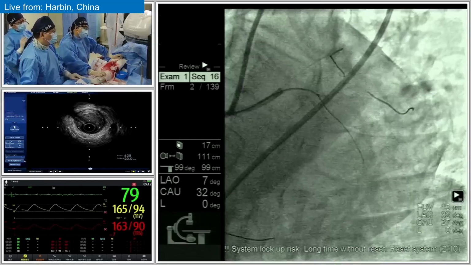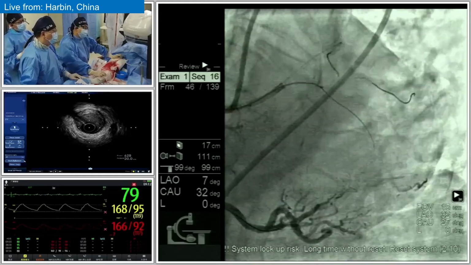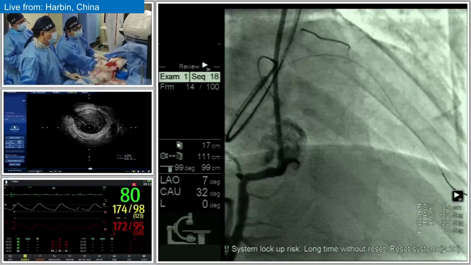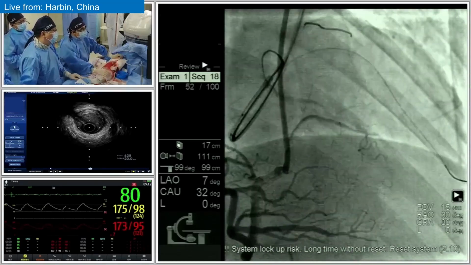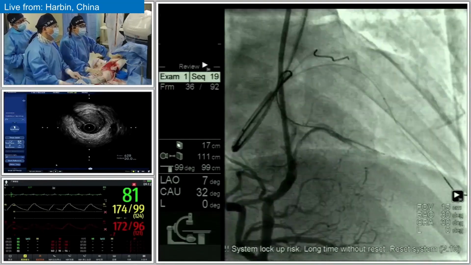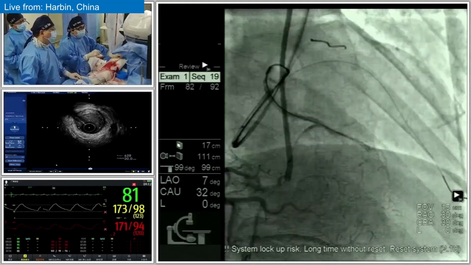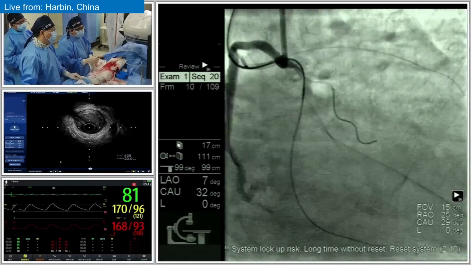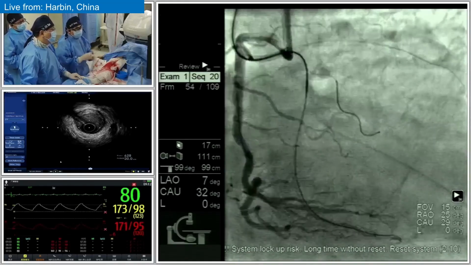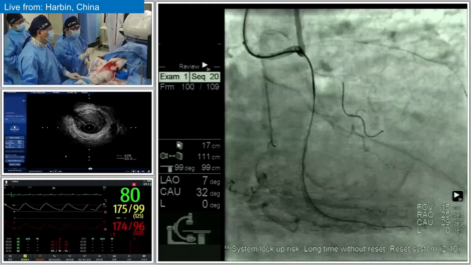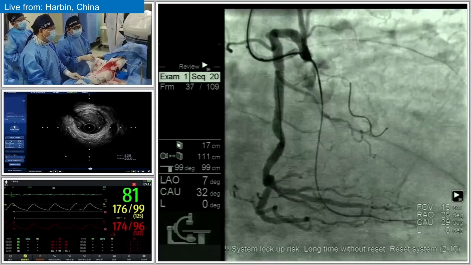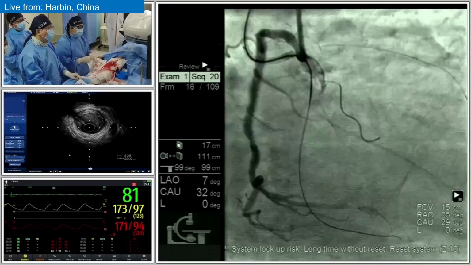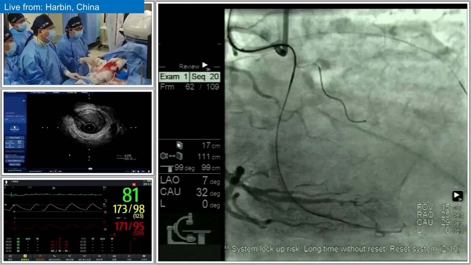So when you tried to deliver the wire, it didn't feel much resistance, right? It's kind of easy. When we encountered resistance, the next step, we exchanged the dual lumen micro catheter for the Corsair micro catheter to enter the occlusion segment, to give the wire more support and enhance its penetration force.